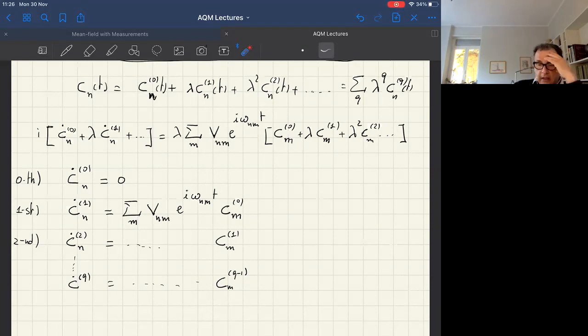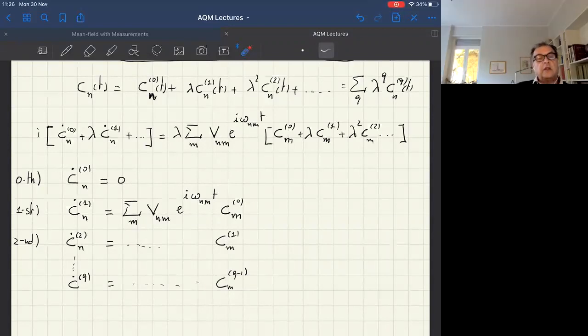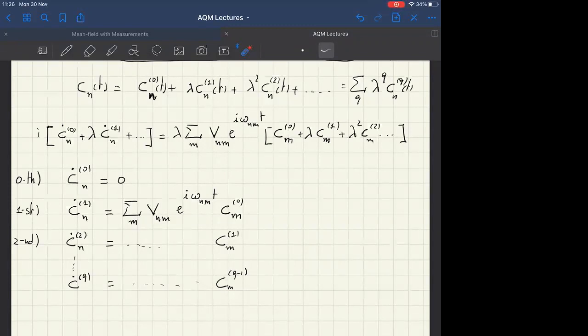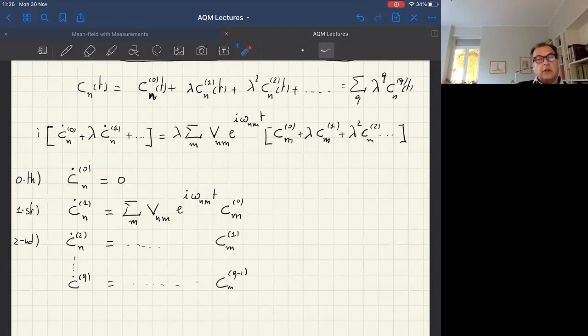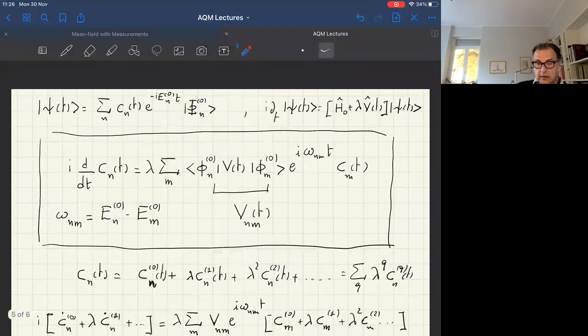Now, can you tell me what is the solution of the zero order term? That's the zero order: C dot 0 of n equals 0. What does it mean? It's constant.